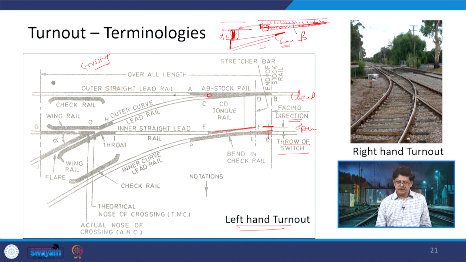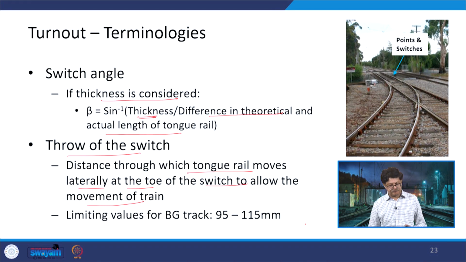That means, if here the throw of the switch is available, the train is going to move towards the left side turnout, but if suppose the throw of the switch is not here and the throw of the switch comes on this side, then the train is going to move in the straight direction. The limiting value of the throw of the switch on a broad gauge track is 95 to 115 mm.